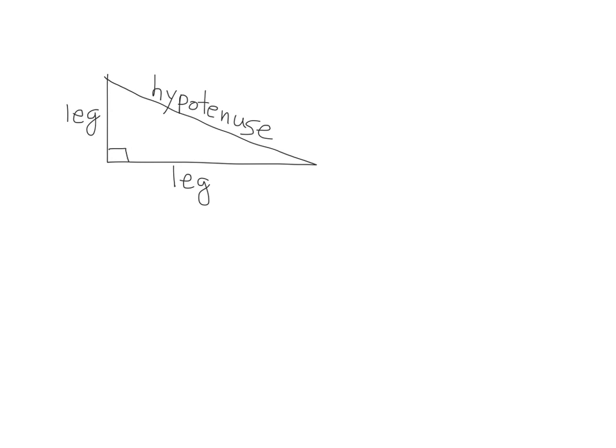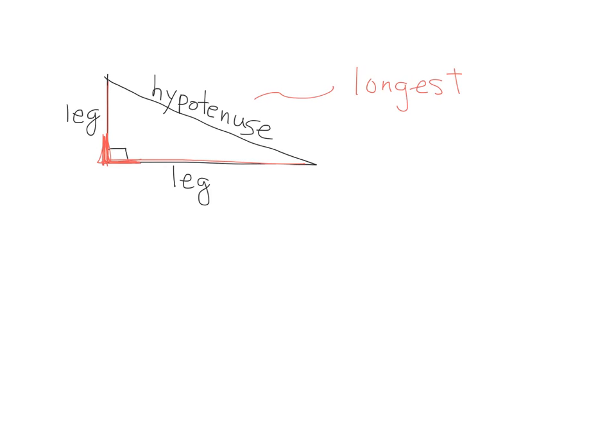The legs always form the right angle. Okay, the legs make the right angle, so they make this right angle here. Those are the legs. The hypotenuse is always the longest side. It's always the longest. And they use letters for these, okay, because mathematicians like shortcuts, so they don't want to write the words.